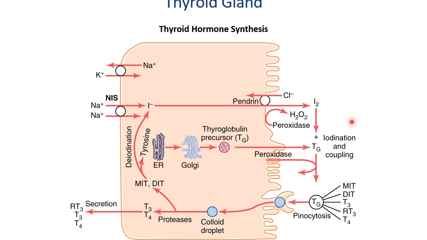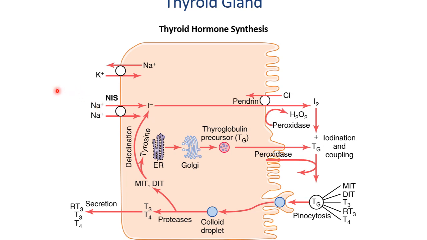So, a while ago, I introduced you into the concept that your iodine, the element iodine, is needed to make thyroid hormone. So, how does that happen? First, iodine is transported together with sodium from the blood side towards the interior of the cell. So this is how iodine enters the thyroid cell.